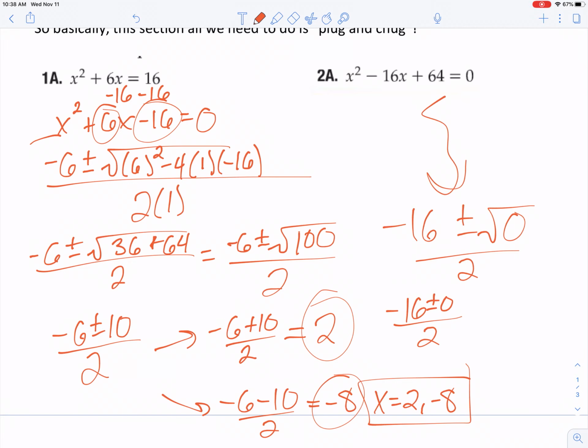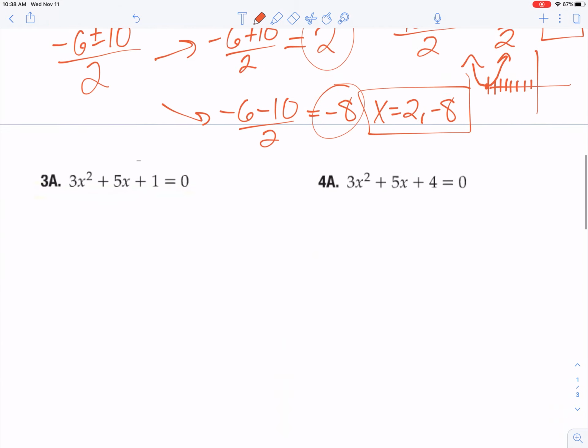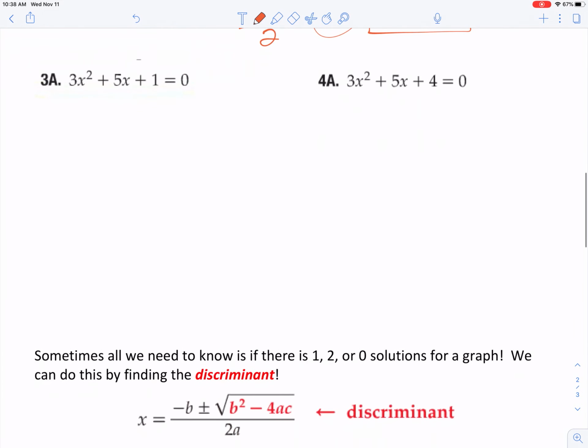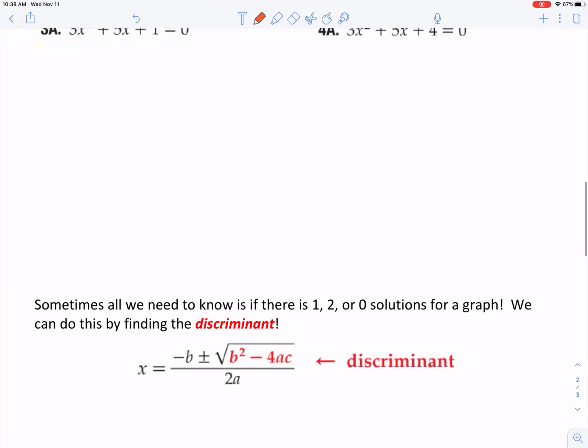Either way, it's negative 16 divided by 2, right? So this one only has one solution. If you graphed it, it looks like this. 3a and 4a just want you to know that you can have decimal answers. Big deal.